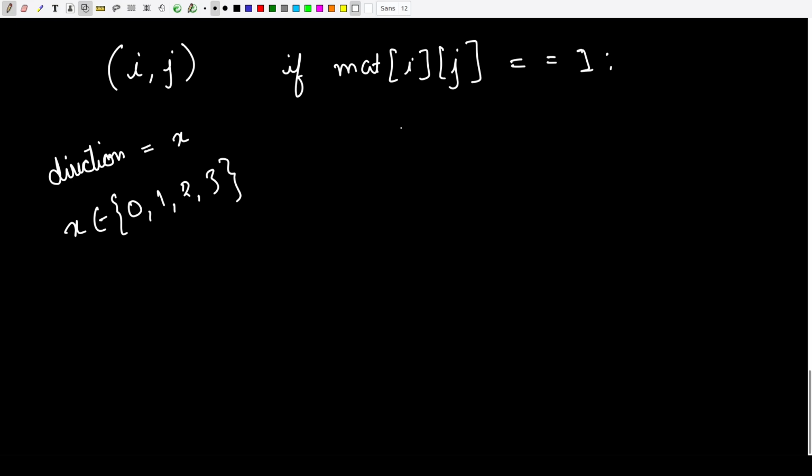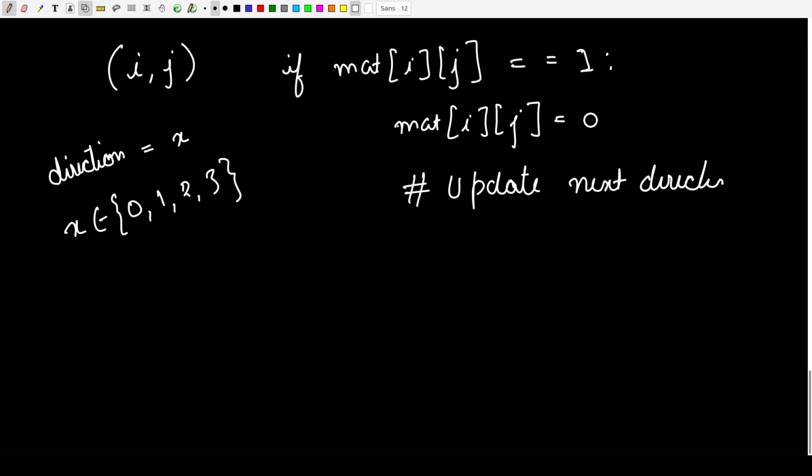Over here, the first thing which we will do is set mat of i, j equals to 0, and we are going to decide the next direction, and we will see in a bit what that will be. But concept wise, we understand that we need to change our direction, and by changing our direction, essentially the i or j value will change.